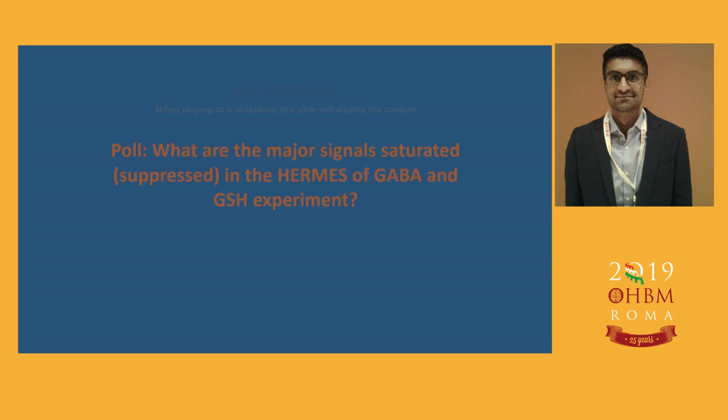All right. So let's look at the options here. We have NAA at 2 ppm only. Again, it's important to check whether your sequence works or not, so you look at the subspectra. If you have a subspectrum in which NAA is suppressed, that means you're not performing HERMES. You're probably performing GABA editing, because you're applying the editing pulse at 1.9 ppm. That saturates your NAA signal. Creatine at 3 ppm only, not sure what's happening.